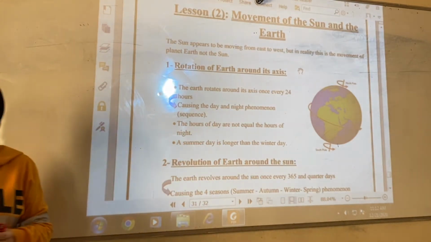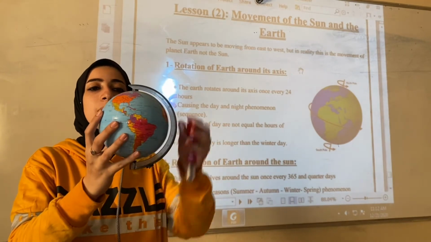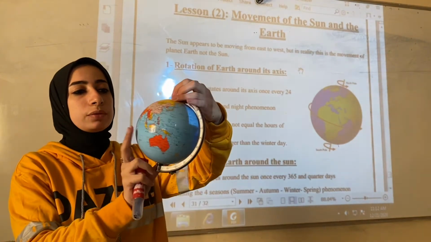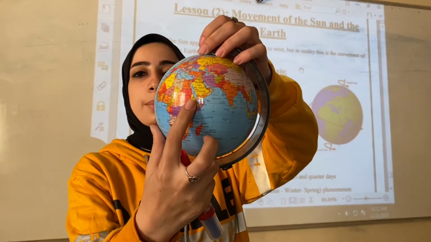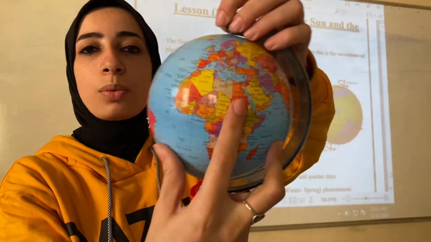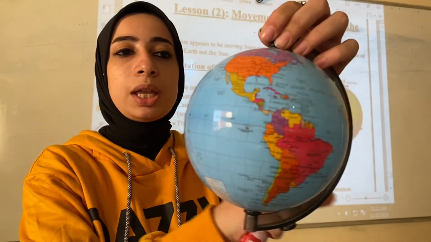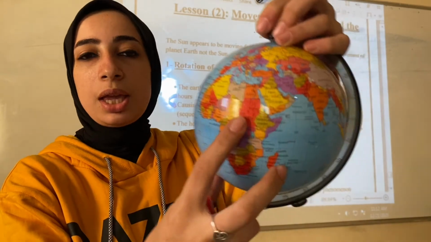How long does the Earth take to make one complete rotation? What's meant by one complete rotation? For example, here we live in Egypt, okay, and Egypt in front of the camera, okay. So what's meant by one complete rotation? This means that the Earth will rotate and come again to the first position again, okay, here.